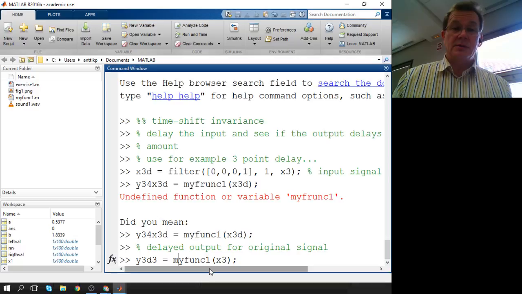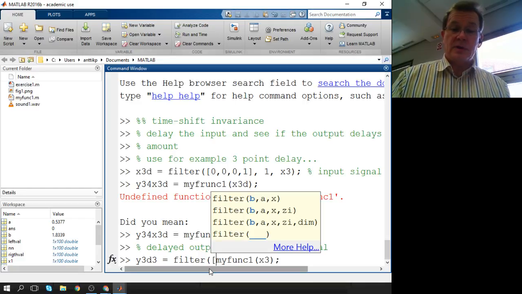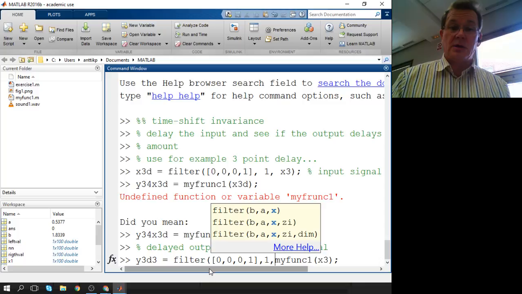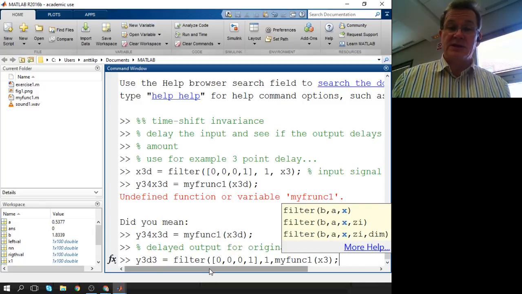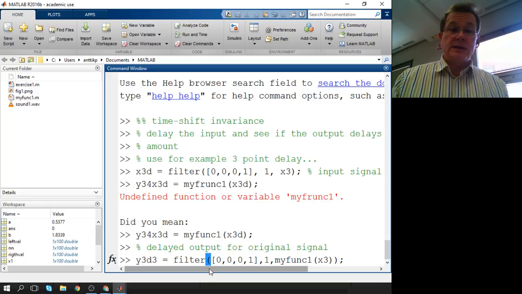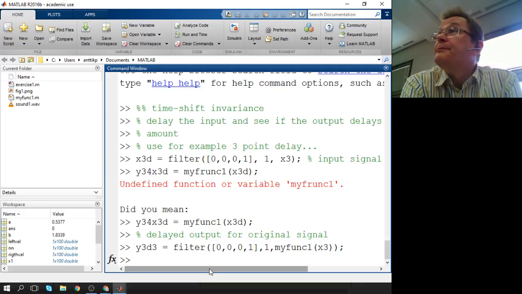Delay 3 filter 0, 0, 0, 1, 1, my func H3. Yep. There.